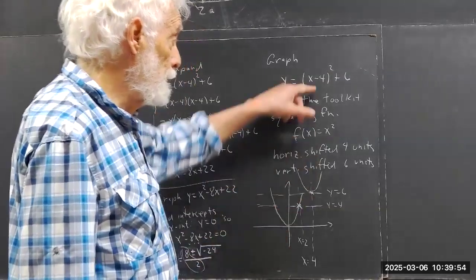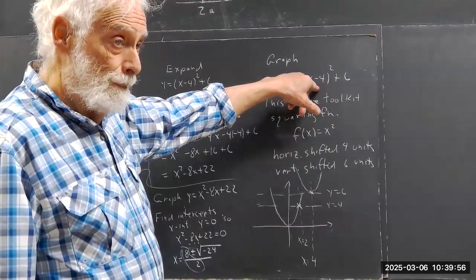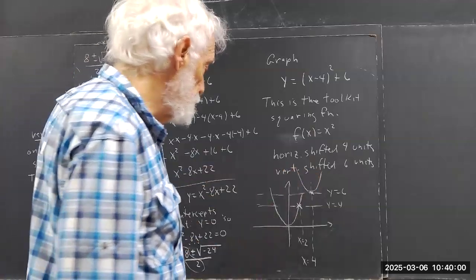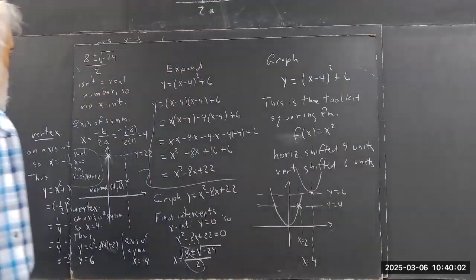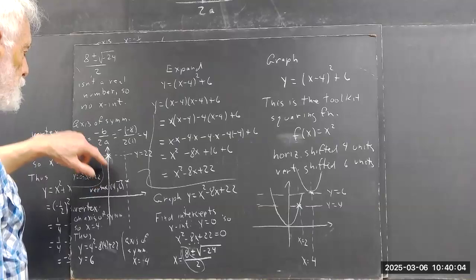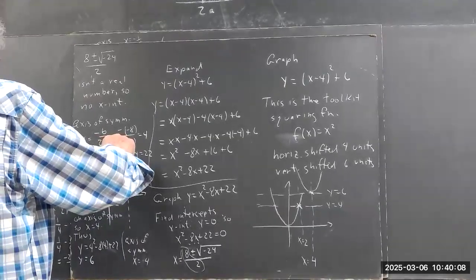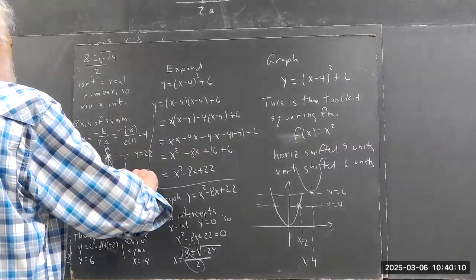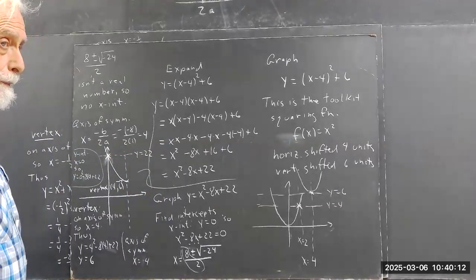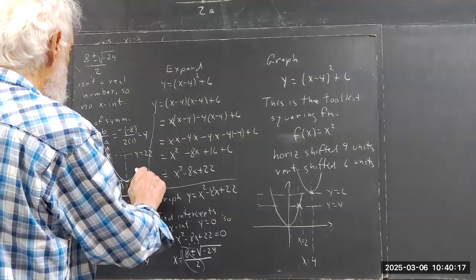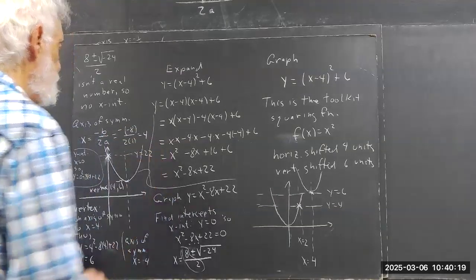Now we've already graphed the thing in this form, and we see that the vertex is at x equals 4, y equals 6. So now we have these 2 points. We know this is the low point, and we can sketch a graph. We can sketch it down to here, but we know it's symmetric, so it's just going to be a reflection when we go up here.